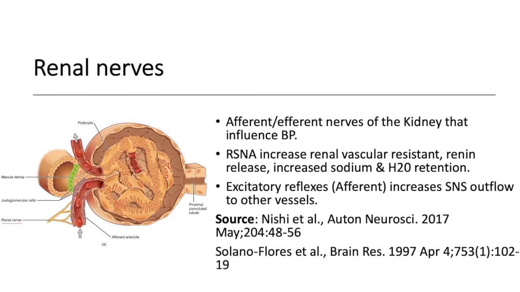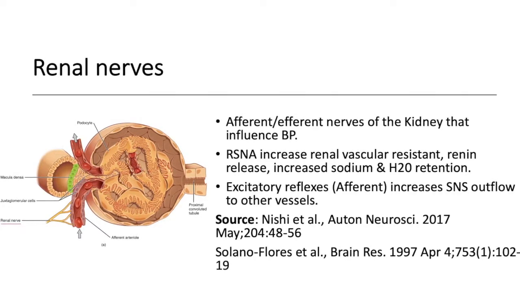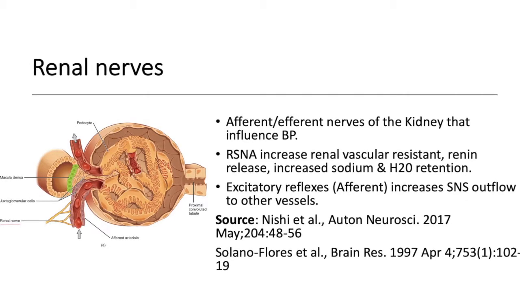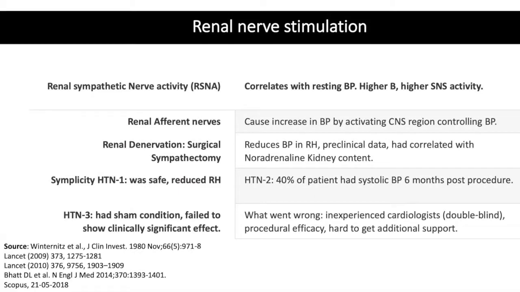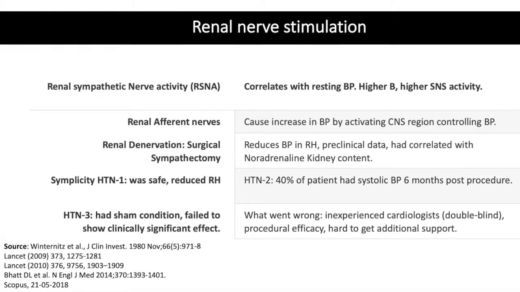Basically, there are excitatory reflexes, which is the afferent system, which increases the sympathetic nervous system outflow to other vessels. So RSNA stands for renal sympathetic nerve activity, which I should have mentioned prior, and this correlates with resting blood pressure. Higher blood pressure implies higher sympathetic nervous system activity.